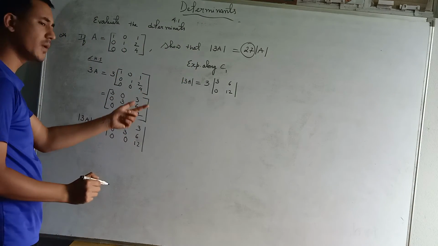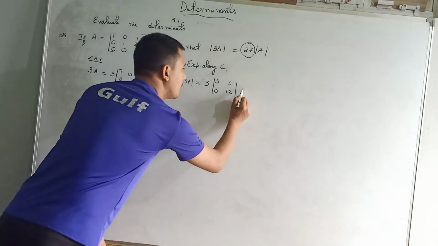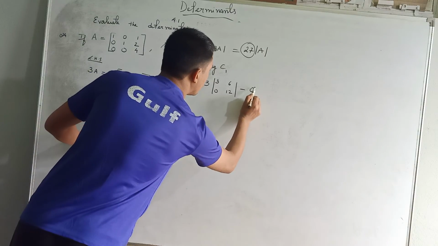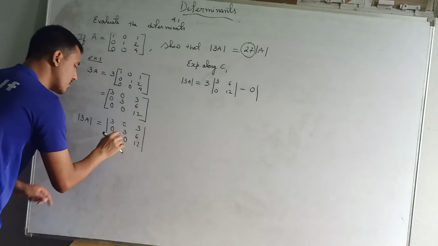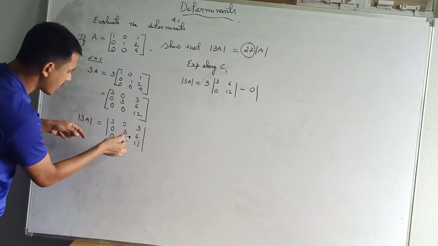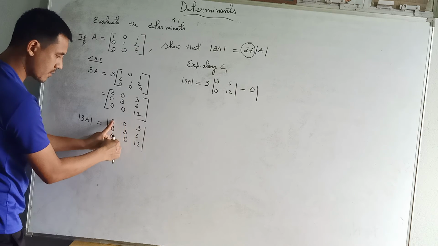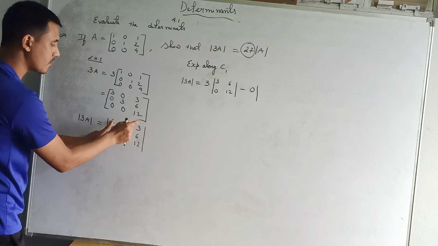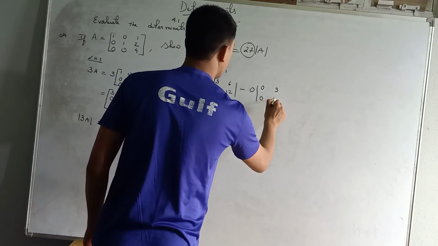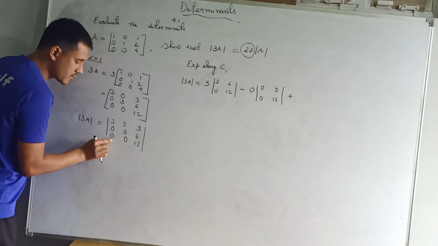You can just multiply directly. So I'm just writing the extra. Next, minus of the next entry of C1, which is 0. Now this entry belongs to the second row and first column. So leaving out the second row and first column, you will write the remaining entries: 0, 3, 0, 12. And we write plus. Now the last entry of C1 is also 0.